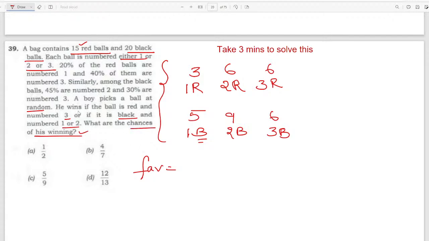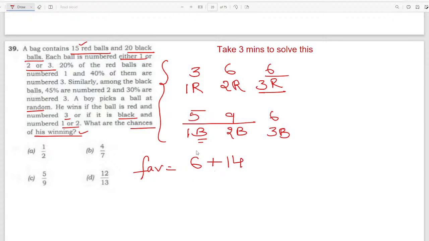If the ball is red and numbered 3, there are 6 balls. Or if it is black and numbered 1 or 2, these balls are 5 plus 9, which is 14. Since it is or, we'll add this 14.